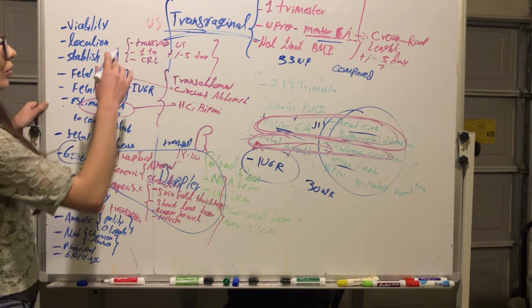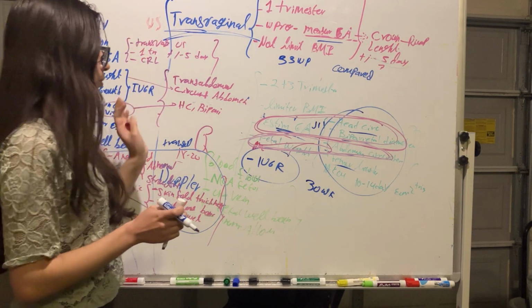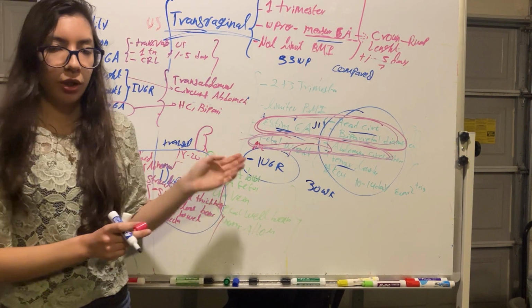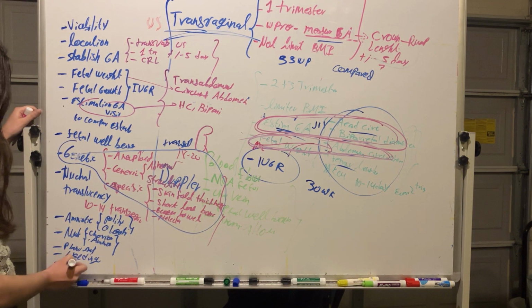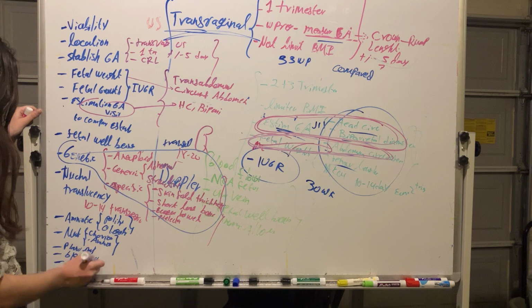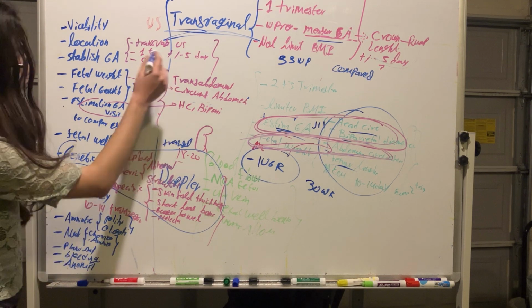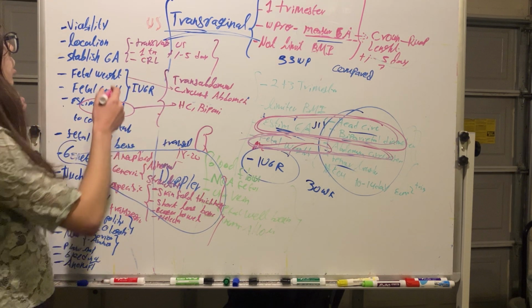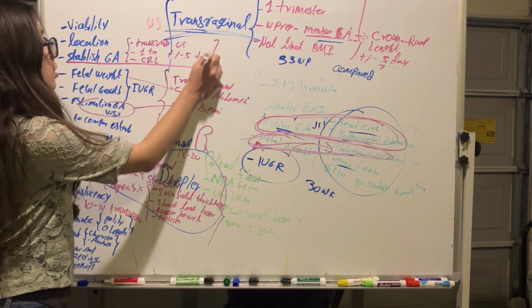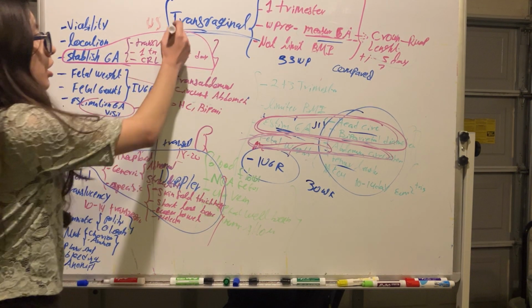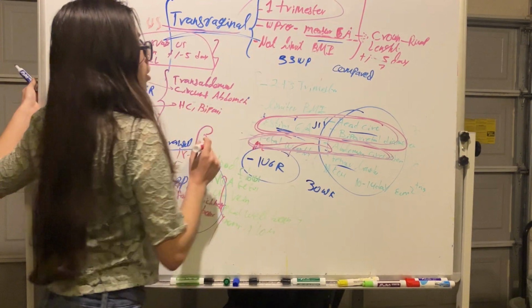So for ultrasound, we have transvaginal ultrasound, transabdominal ultrasound, and Doppler ultrasound. The Doppler is the one we're going to use for anemia evaluation most of the time. Transvaginal ultrasound, the most important is to establish gestational age during the first trimester.